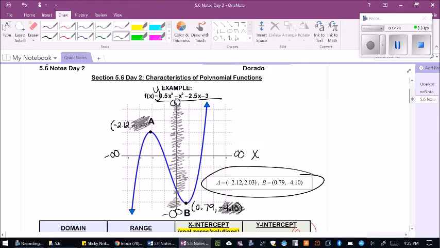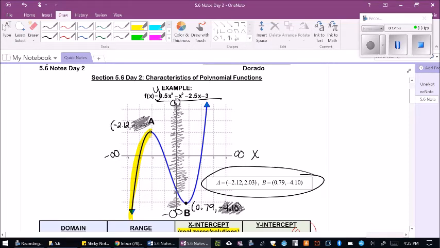So let's start with increasing, where we're going uphill. When I read from left to right, I'm climbing up the hill. It's where I'm rising. And so I'm going to highlight that. So that one piece would be here. So here's one interval for that.